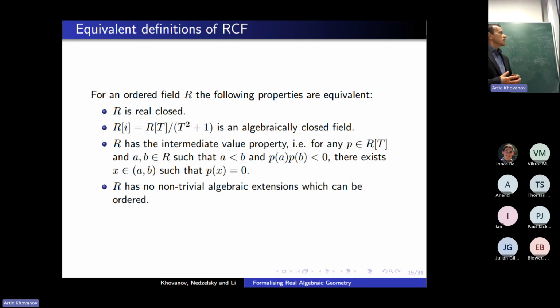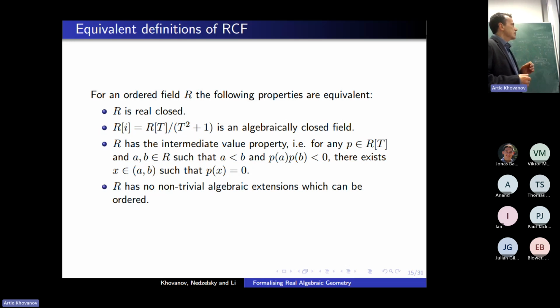The second definition is more algebraic in nature, and it states that if you have a factor ring over t squared plus 1, which is actually a field, of course, because t squared plus 1 is irreducible over an ordered field, then it's algebraically closed exactly when R is real closed.